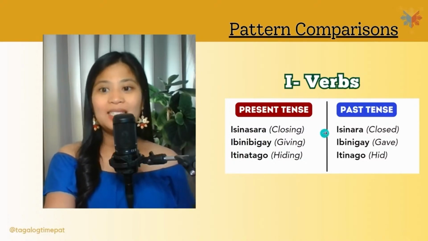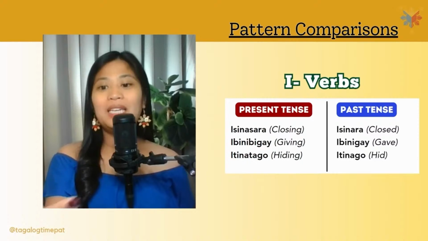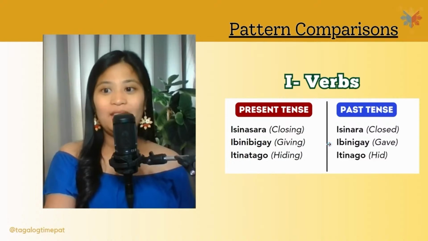Now let's compare. In the present tense, isara is isinasara, closing. In the past tense, it's isinara, closed. In the present tense, ibigay becomes ibinibigay. That means giving. In the past tense, it's ibinigay, gave.